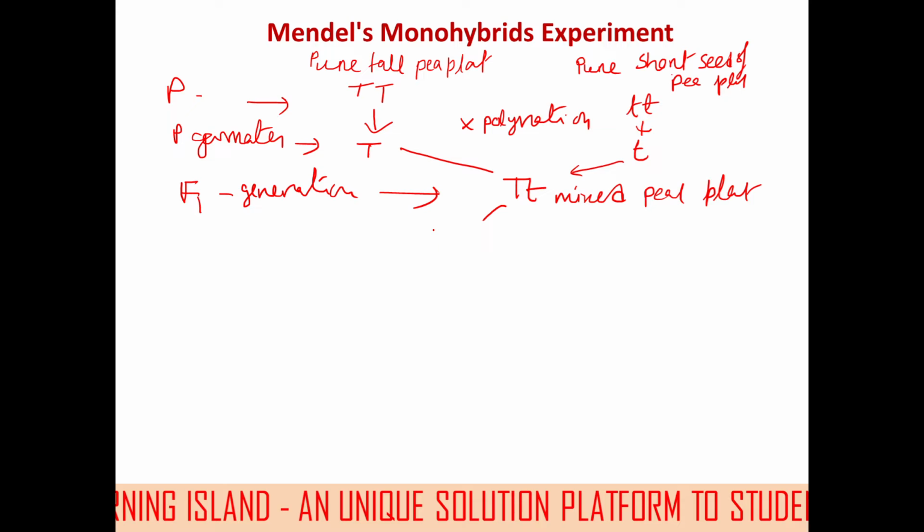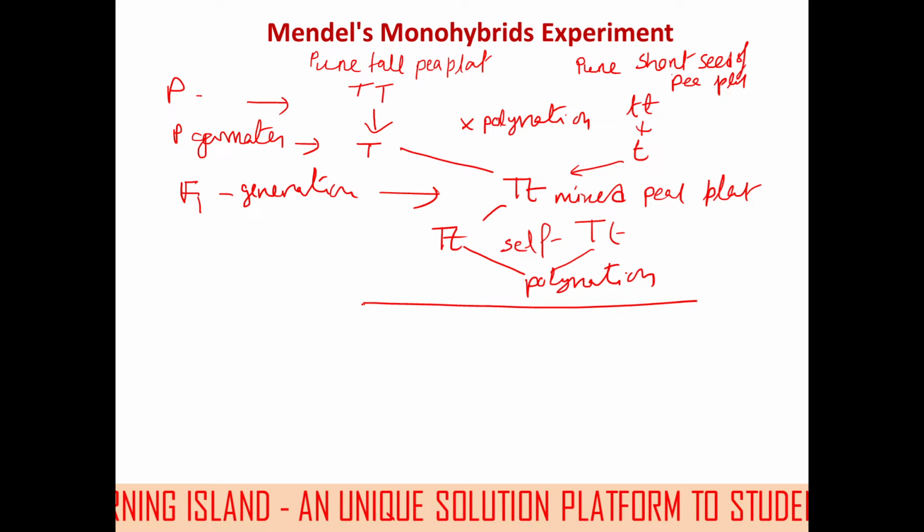From this F1 generation he got the mixed pea plants, and he made self pollination again among these, because these are the same species. At this stage he got four types of plants. One is capital T, capital T, another is capital T, small t, capital T, small t, and small t, small t.